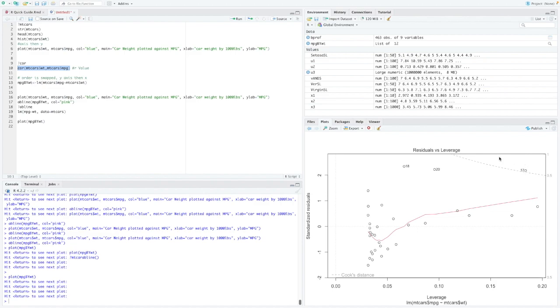So the first thing you need to do is verify that any outliers are not errors. The second is try and fit a different regression model, or third, you could even remove this observation, but you have to be very specific about why you're removing the observation and have good reasoning for it, not just because it was an outlier and was messing up your data.